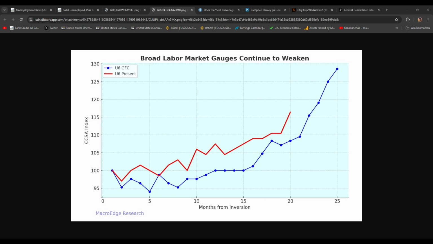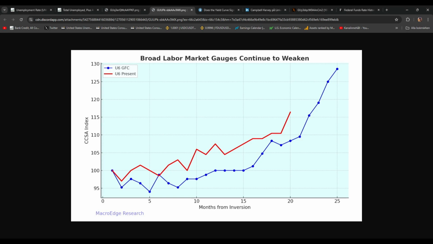It's at the beginning stages of when it's pointing vertical, but it hasn't gone vertical yet. But once it rounds out a bottom in the unemployment rate and starts to go vertical, that's when you see 0.3, 0.4, 0.5, possibly even bigger monthly increases in the unemployment rate in U3. And U6 got a 0.4% increase last month.